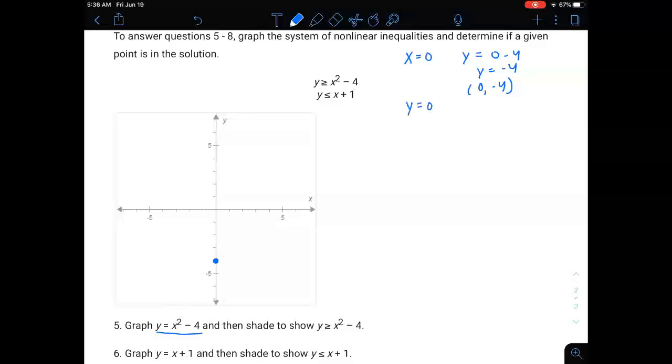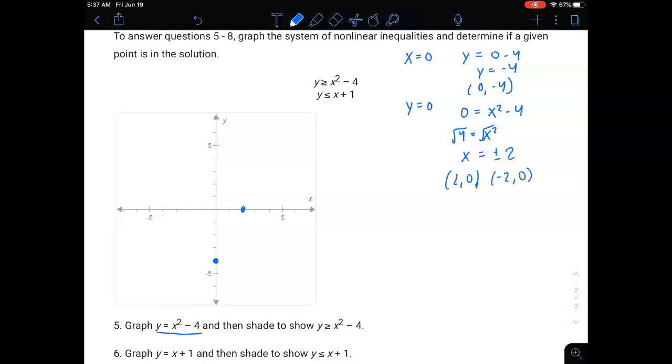All right. Now, if y is equal to 0, 0 is equal to x squared minus 4. All right. Bring 4 to the other side. Square root. So we've got x is equal to plus or minus 2. So our coordinates are (2, 0) and (-2, 0).